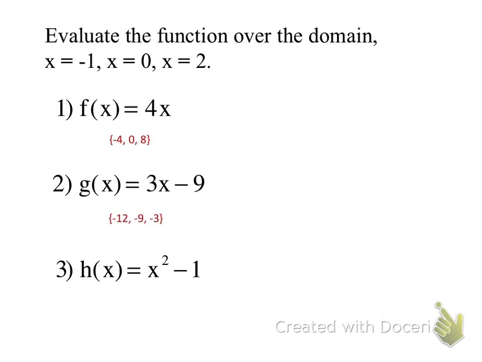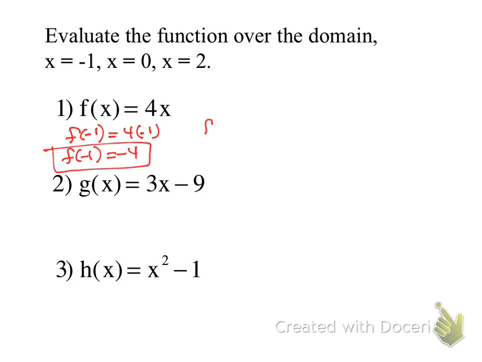All right, so when we are evaluating functions, here's the thing. There's the way they give it to you. So what they want you to do to evaluate is find the value when x equals negative 1. So we basically have to do this. The f of negative 1 equals 4 times negative 1. And the f of negative 1 is negative 4.